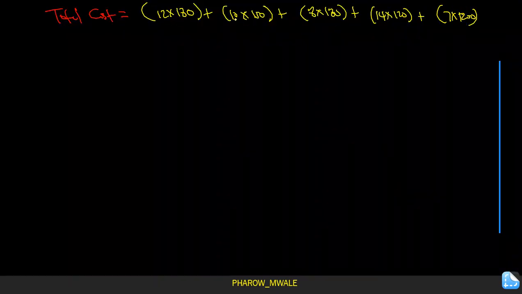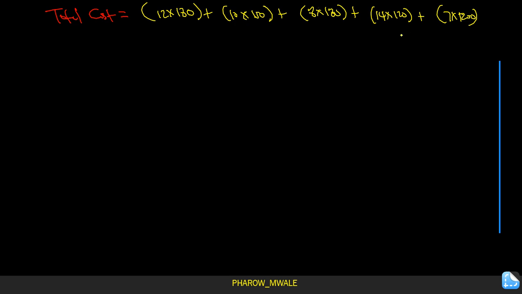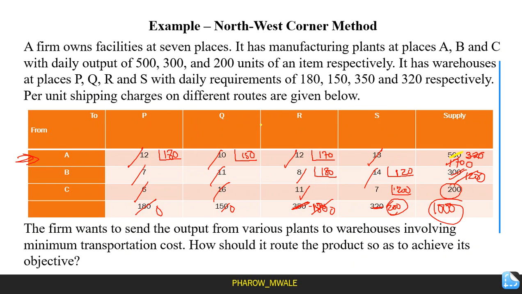Is that the last one? So we have 1, 2, 3, 4, 5. I think there's one remaining. Oh, we forgot 170. Sorry, 12 by 170.